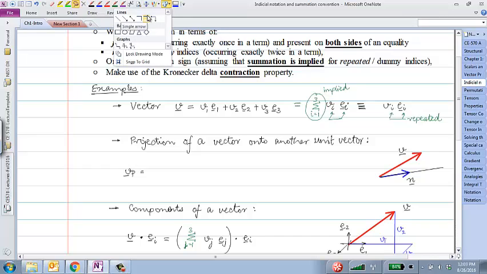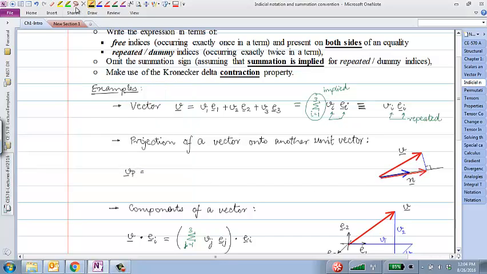Yes, we do need a theta there, but what we'll do is drop a perpendicular from the tip of the vector down to the direction of that unit vector. So that's a perpendicular line. And the projection of that vector along that line would be another vector, which will be this particular vector.